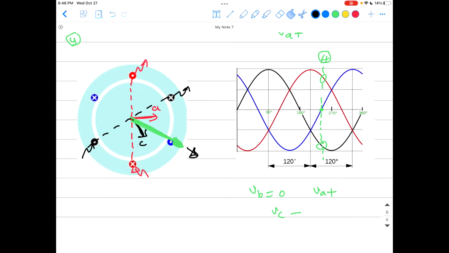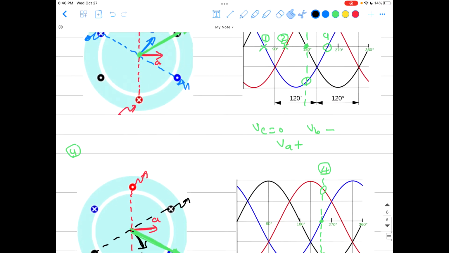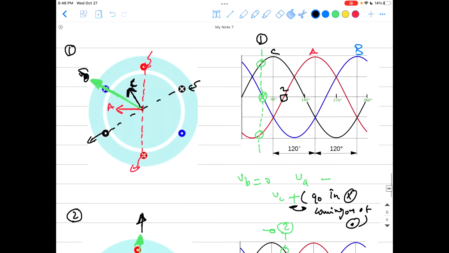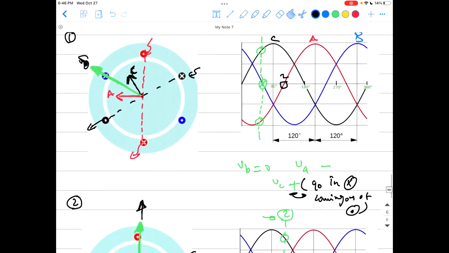If you have 3 phases fed from a 3-phase supply, and you look at the combination of the magnetic fields coming from all of them together and look at the total magnetic field, it will look like it's the same magnitude of flux, but it's rotating around. Look at what I'm saying here, guys.